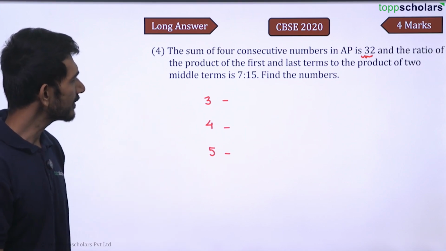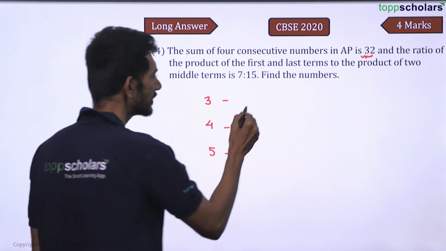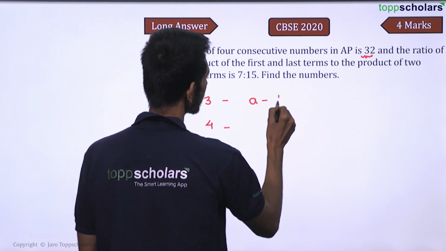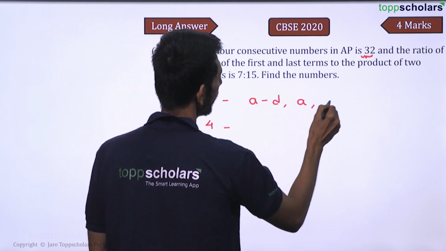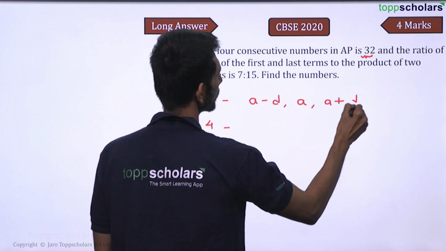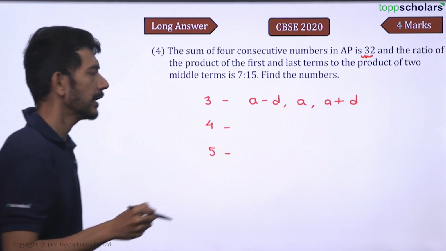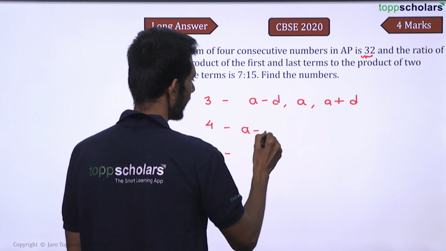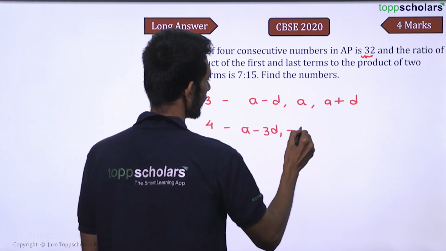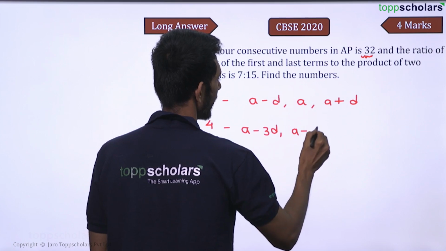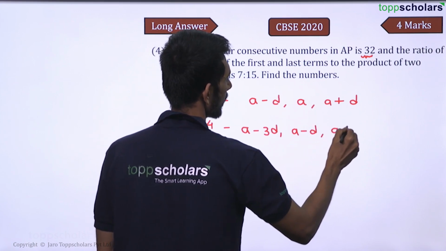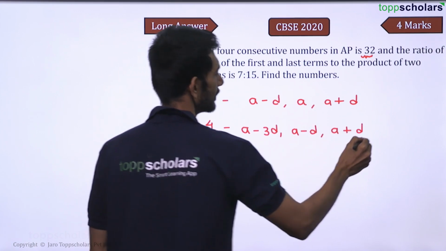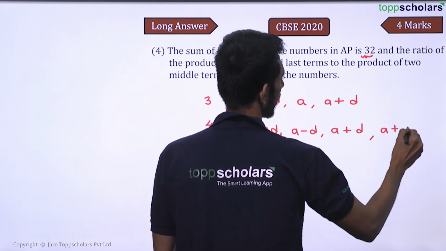If they ask you 3 consecutive numbers, you assume the 3 numbers as a minus d, a, a plus d. Please make a note of this somewhere. If they tell you 4 consecutive numbers, you make it a minus 3d, a minus d, a plus d, a plus 3d.